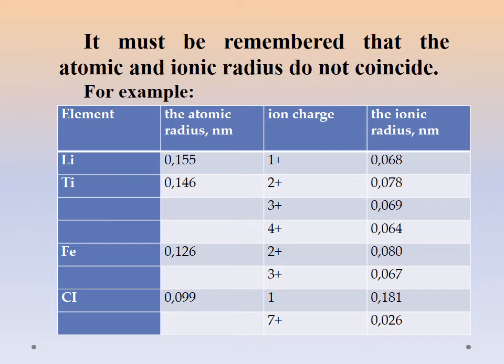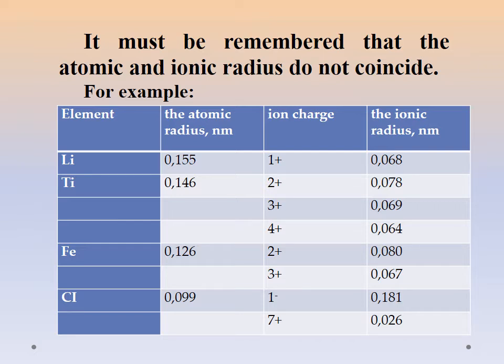They are Russian scientists in chemistry. Under the symbol of the element in every cell of the periodic table, the ionic radius is written in nanometers for the cases of different valency. We must remember that the atomic and ionic radii don't match.